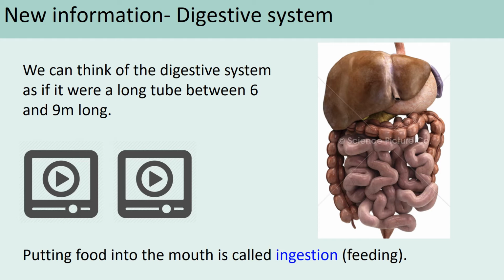Okay, now I said you might want to have printed out the organs of the digestive system or just done a basic drawing in your book. If you'd rather just do it as each organ as we go through, note form, that's absolutely fine. But we are going to go through the different parts of the digestive system that you need to know, and you need to know the function as well.